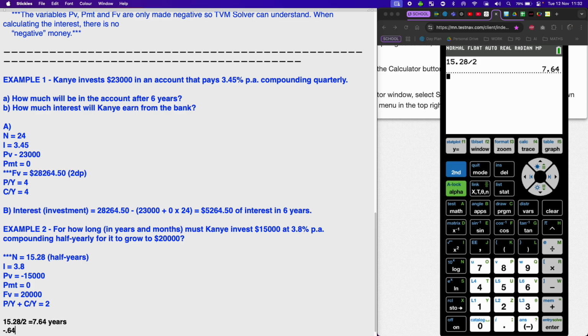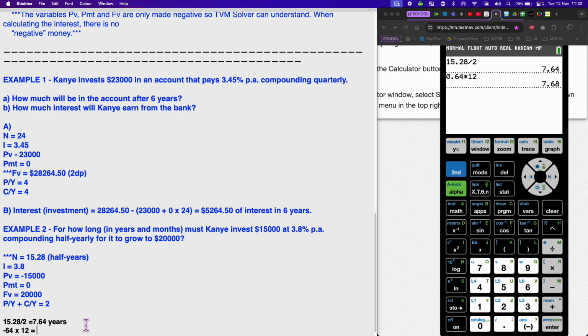Why is it times by 12? That's okay. Imagine if it was 0.5, right? 0.5 times by 12 would give you 6. That's going to tell you 6 months. So it's times, all right? 0.64 times by 12 is going to be, oh, it's auto-correcting everything. 0.64 times 12.